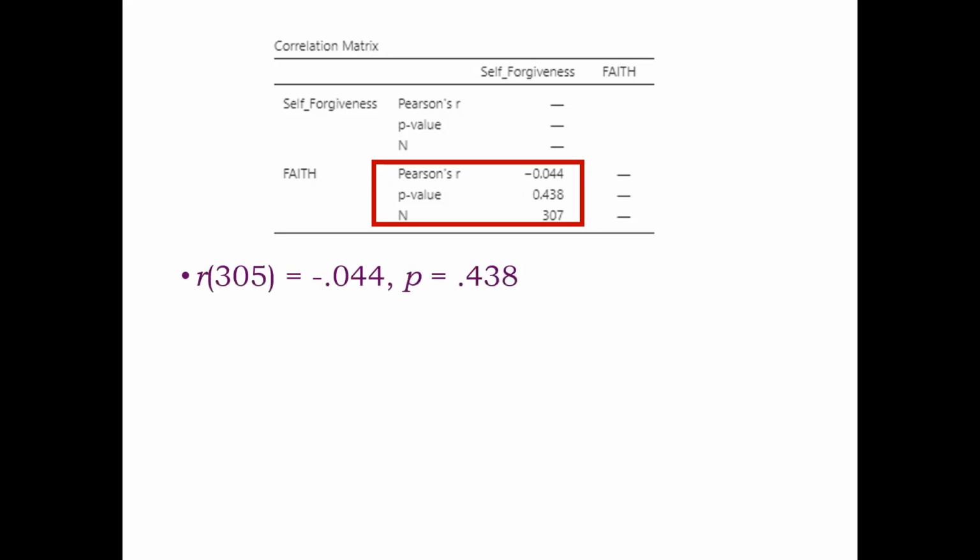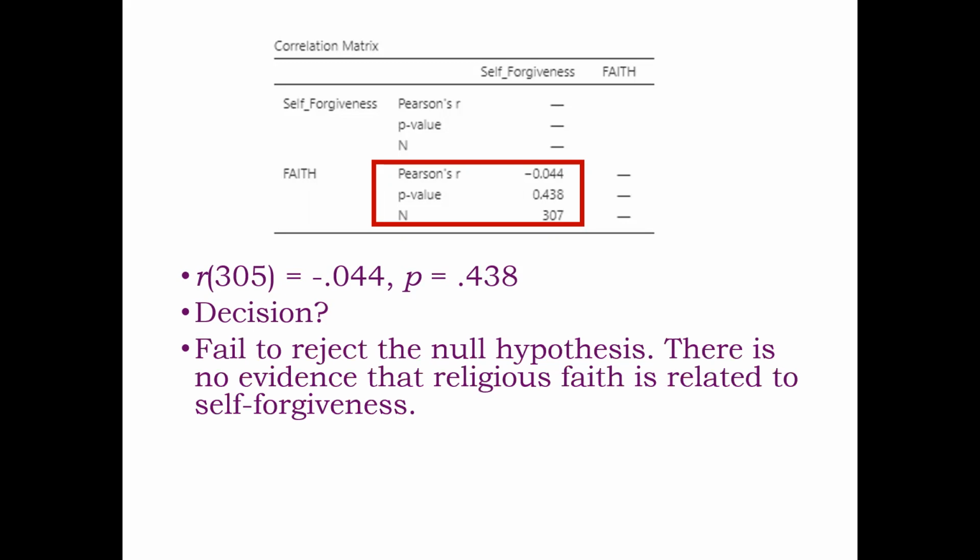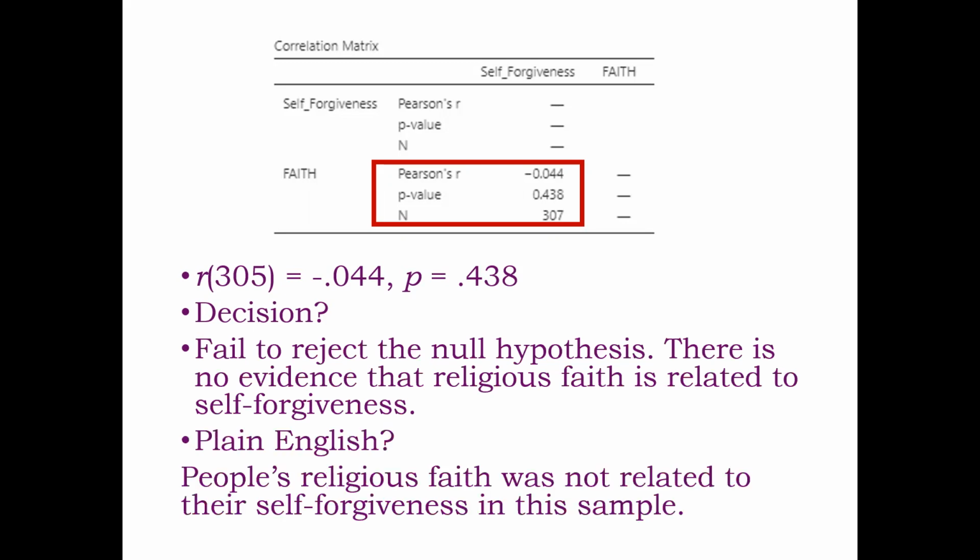Decision: 0.438 is clearly larger than 0.05, so we fail to reject the null hypothesis and conclude that there is no evidence that religious faith is related to forgiveness. People's religious faith was not related to their self-forgiveness in this sample.